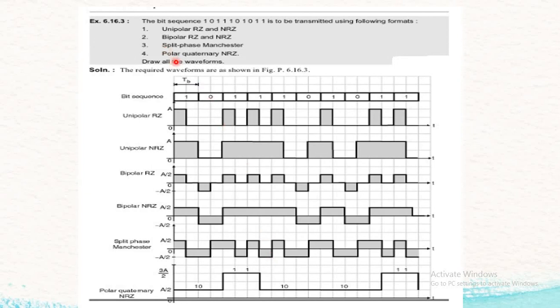And last is polar quaternary NRZ. To find it, the first task is to group the bit sequence into groups of 2 bits.